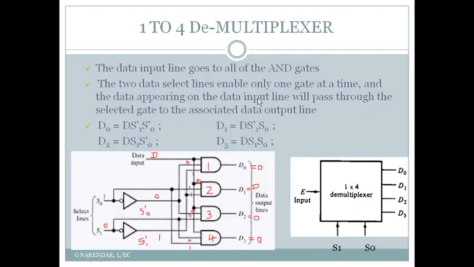When we selected 0 and 1 for S1 and S0, we have seen that only the second AND gate output is non-zero and it is equal to the data input, and the outputs of the remaining AND gates, that is 1, 3, 4, are 0. So now the data input is connected to the D1 output line, and whatever the input data is will be transmitted to the D1 channel.